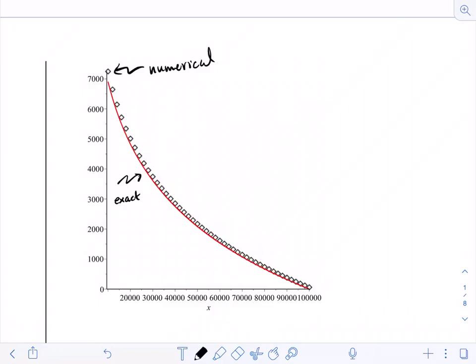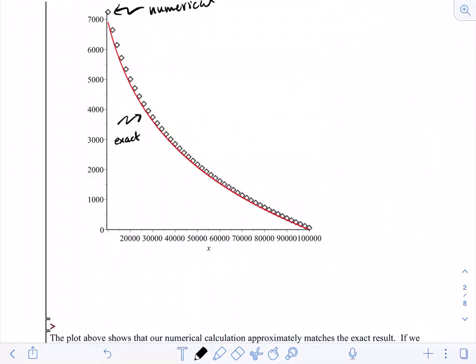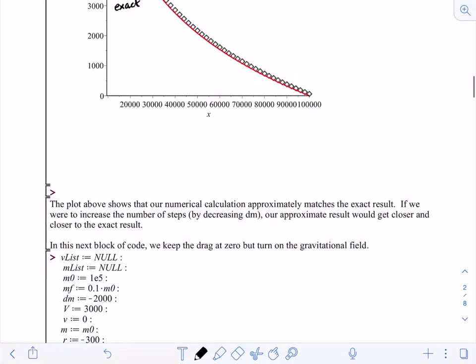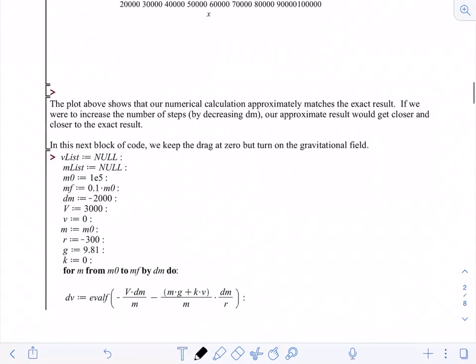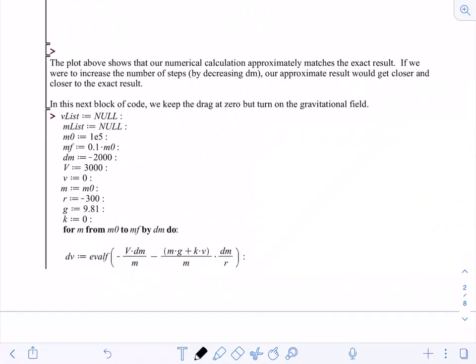We could make dm arbitrarily small so that our numerical solution becomes arbitrarily close to the exact solution. Okay, so that worked. In the next case, everything's exactly the same, but we turn on gravity.